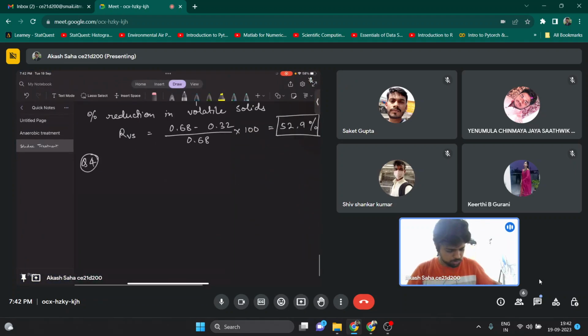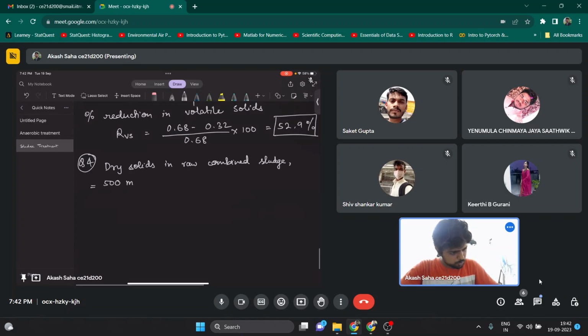This is my question number 4. First we will see what the dry solids are in my raw combined sludge, whose characteristics are given. It will be equal to the flow rate into, we know 2.5 kg of dry solid is present out of 100 kg of wet sludge.